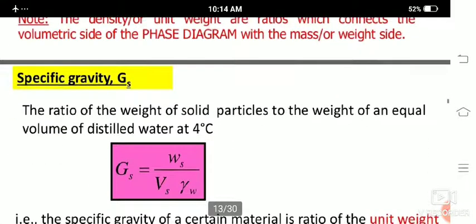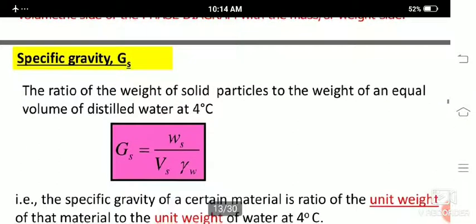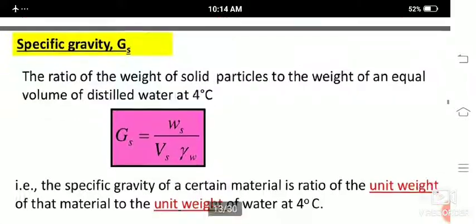If you see the specific gravity, that is indicated by G suffix S, this ratio is the unit weight of solid particles to the weight of an equal volume of distilled water at 4 degrees centigrade. That means weight of solids divided by volume of solids into gamma W, the unit weight of water, is taken into consideration here.